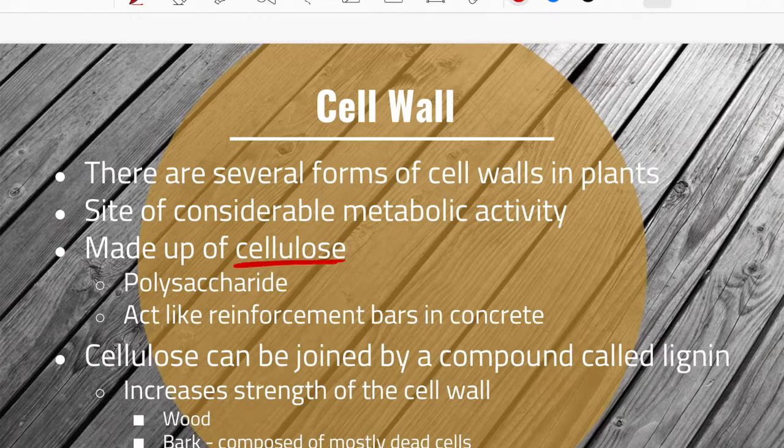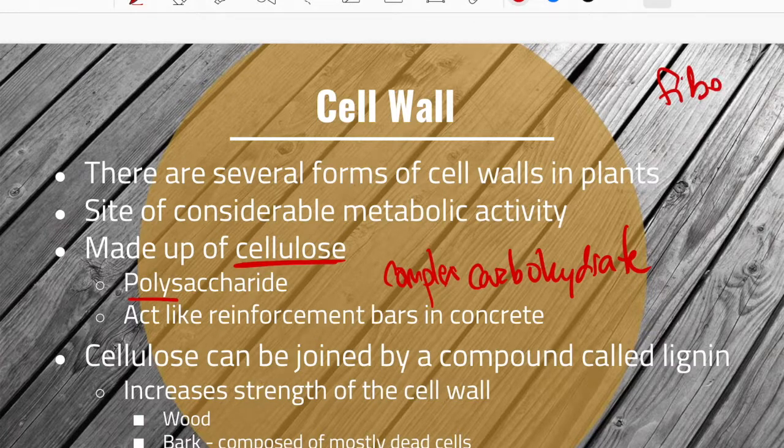In plants, they are made of cellulose. If you remember, cellulose is a polysaccharide, so a complex carbohydrate. If you've heard the term fiber, whether you are talking about soluble fiber or insoluble fiber, we are talking about the cellulose that is found in cell walls.